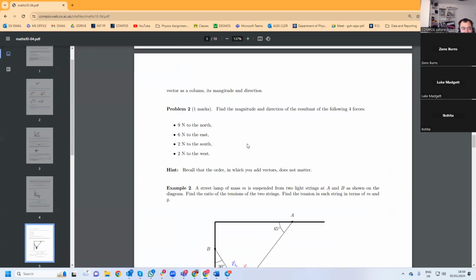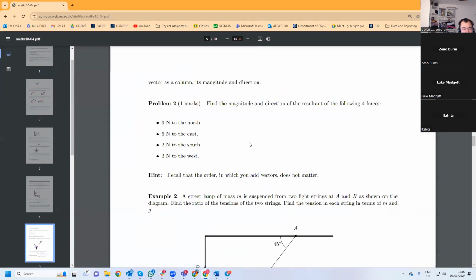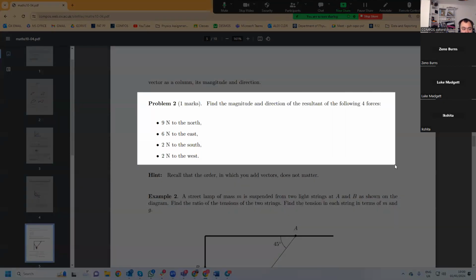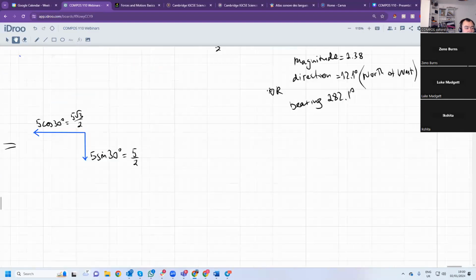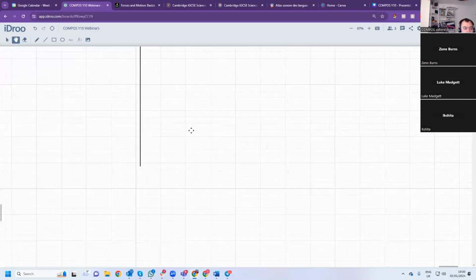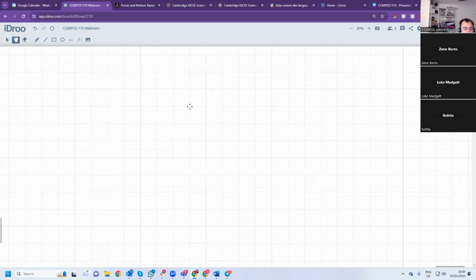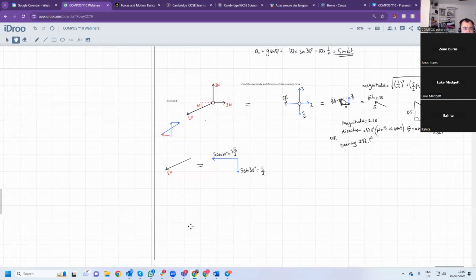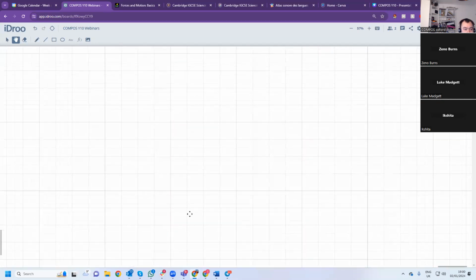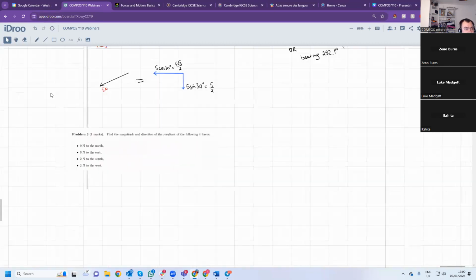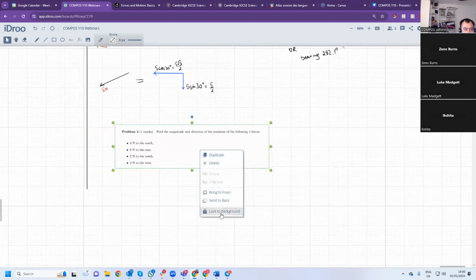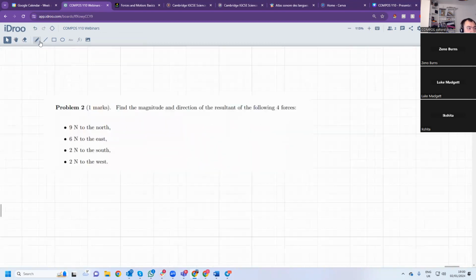Oh, no questions. Because problem 2 is exactly the same. Actually, problem 2 is simpler than that. Problem 2: find the magnitude and the direction of the resultant of the four forces.